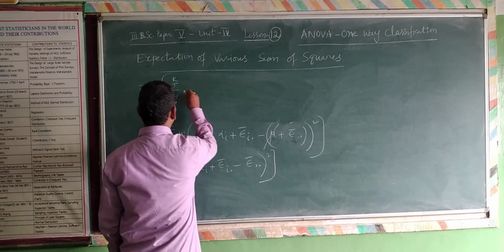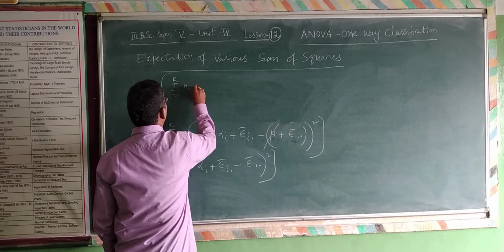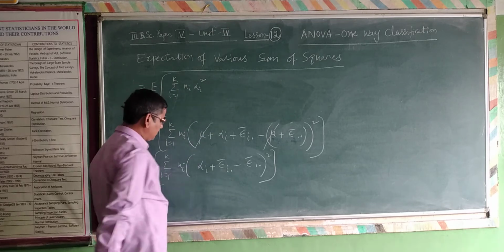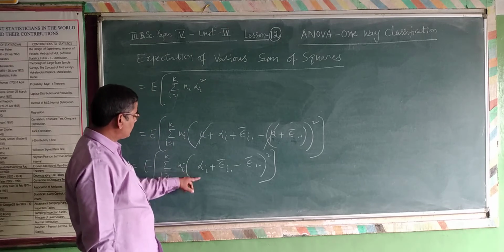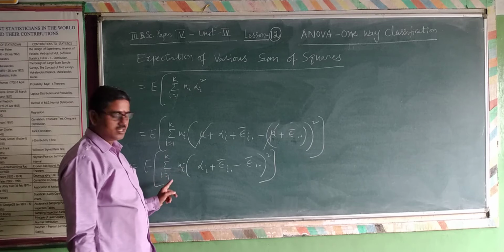Summation i equals 1 to k of ni into alpha I square is the first term, multiplying with ni and taking the summations.